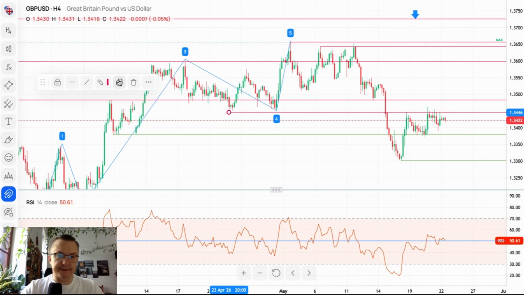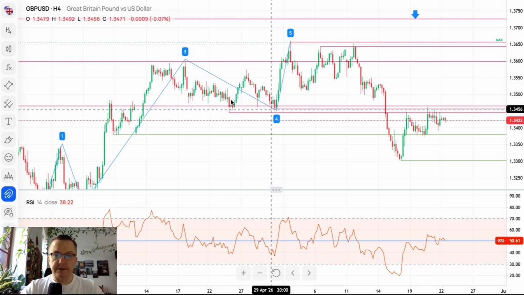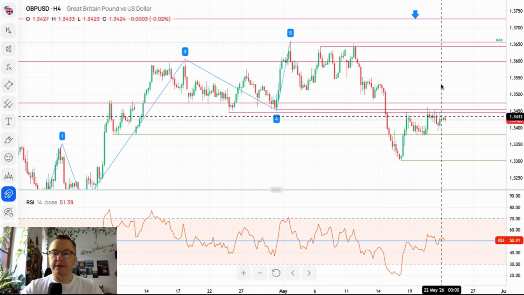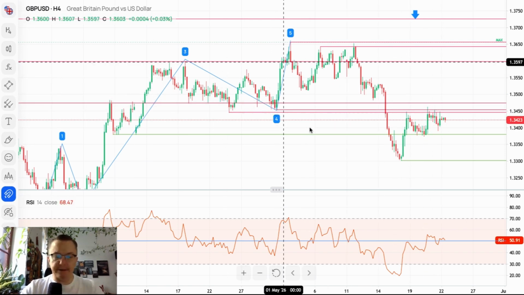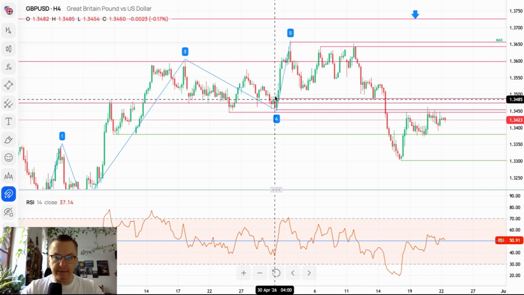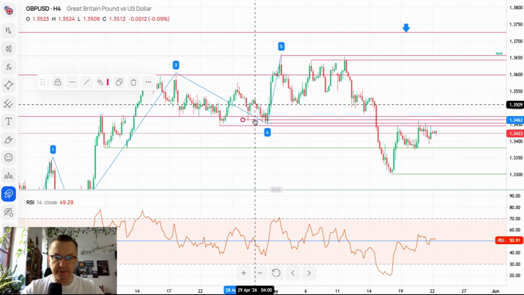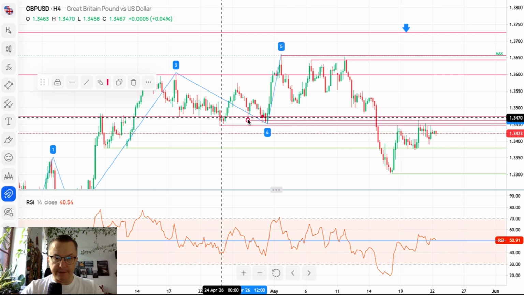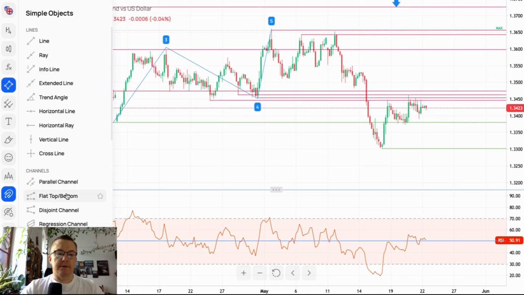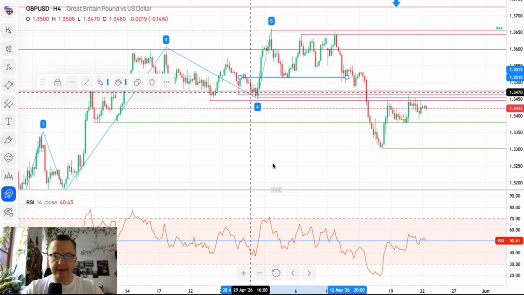Let me just make this, okay, not this one, this line here. Let me make it here, and this one was here. There you go. This is the supply zone. There is one more interesting line here I would like to show you. So you can see right now we got this situation here with this level, this level, this level, and this level. So that's pretty much local intraday. What? Yes, you guessed this right.